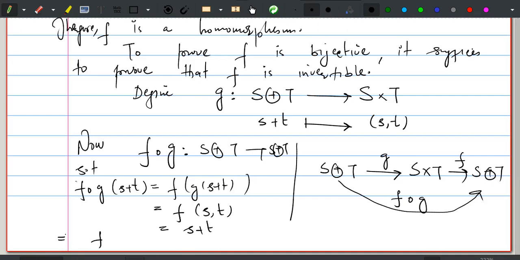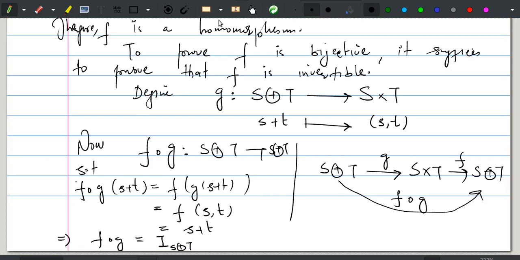This implies F of G behaves as an identity function on S plus T.